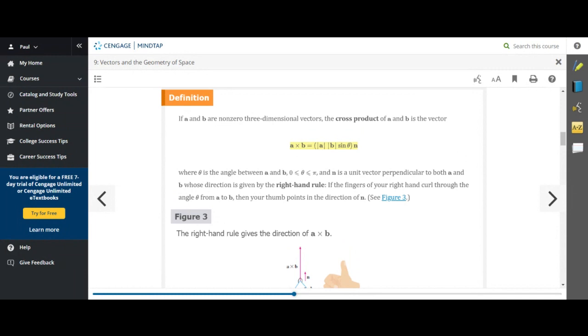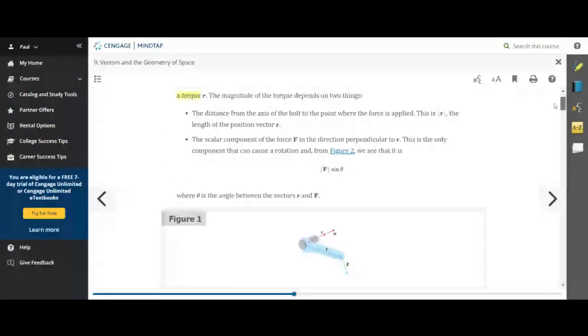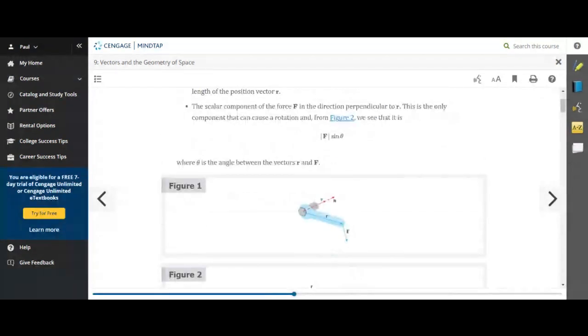And the normal vector, again, is a vector perpendicular. Well, if you think about the example with the wrench, if I go back for a minute, it's a great example. Here's figure 1. There's the wrench and the force vector. Think of the wrench vector r and the force vector f as being in a plane.